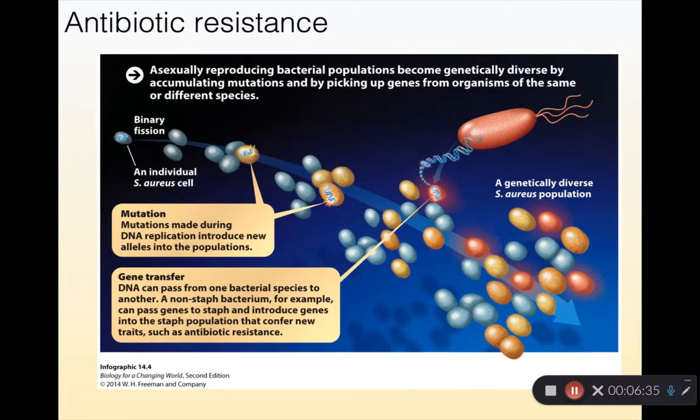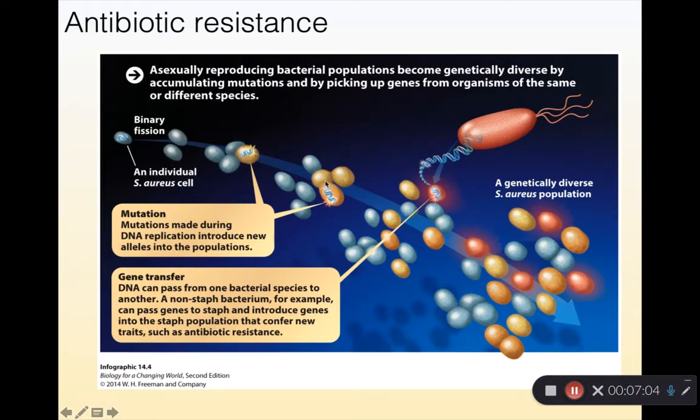So this is a great image that puts everything that we're talking about together. When we're thinking about asexually reproducing bacterial populations, they divide via binary fission. So if this is a normal individual Staphylococcus aureus cell that does not have any antibiotic resistance, it can replicate, and as it replicates, it may create a new mutation.